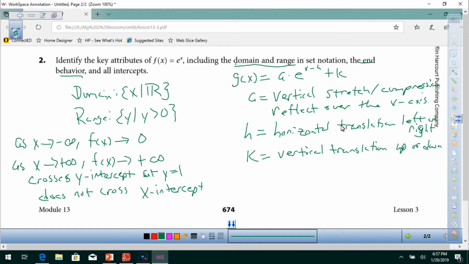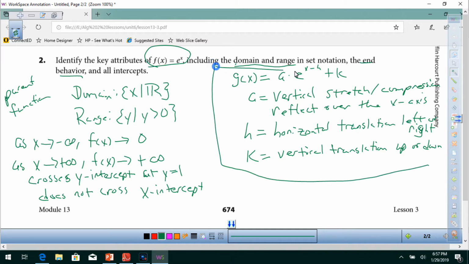Now this is for the parent function. Okay, this is for the parent function, that's the parent function. This is if it's been transformed. And it would be a real good idea to put that in your notes, on the 3x5 card for the test.